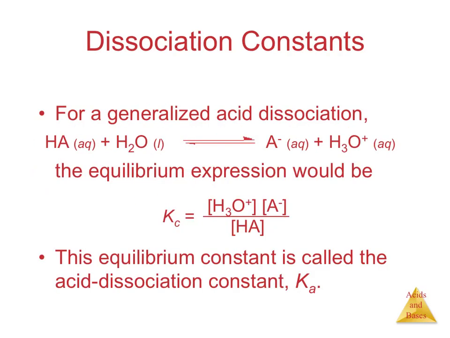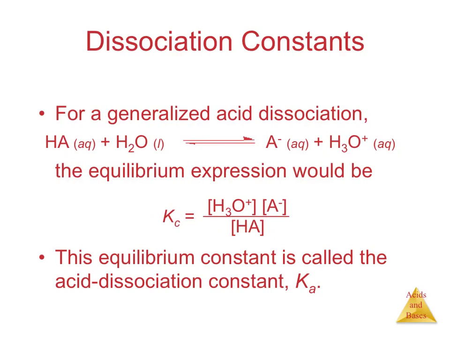Okay, so in general, if I have an acid, HA, any acid, so the anion could be anything. I have something that can deliver an H plus and some counter ion, which is going to go to A minus, the conjugate base. If I put that in water, it's going to dissociate.